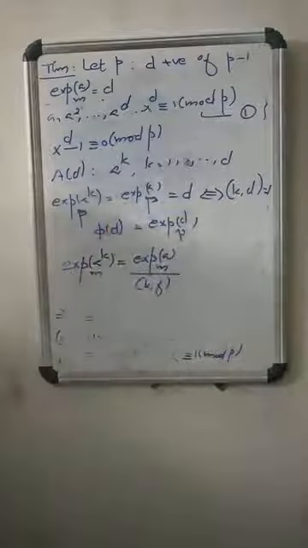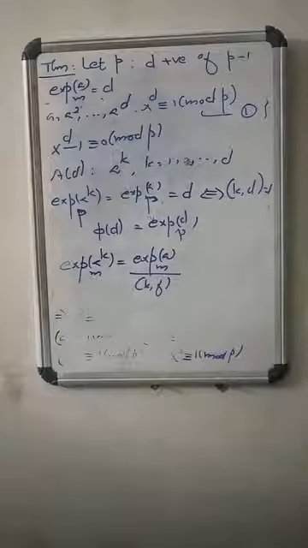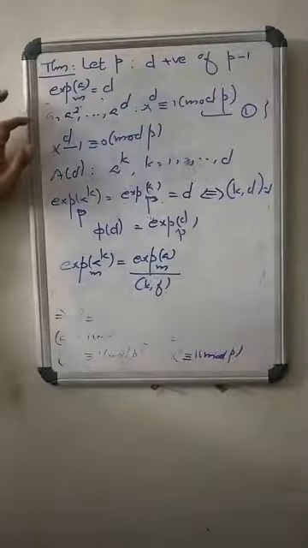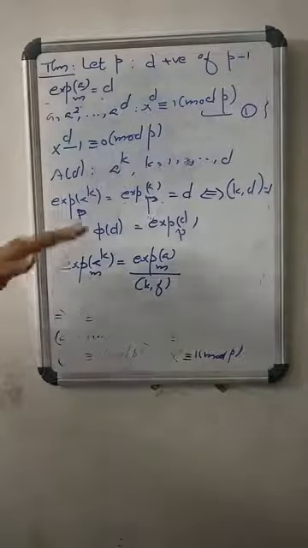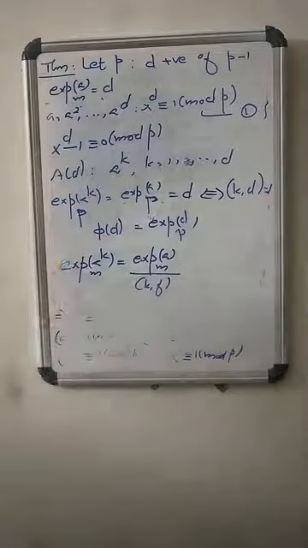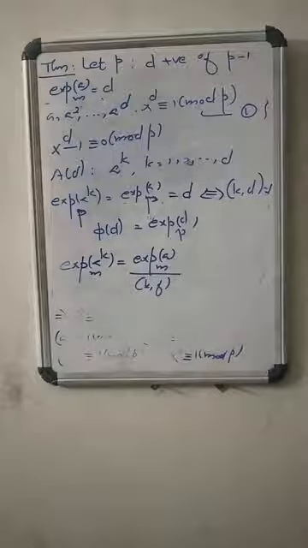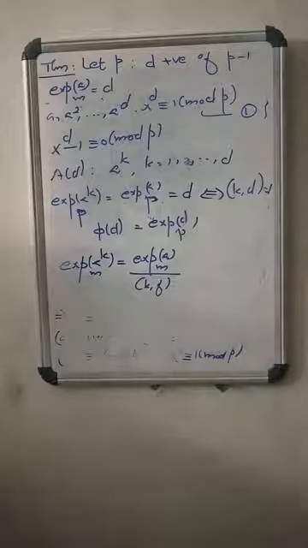Therefore, among the d numbers a, a², …, a^d, there are phi of d numbers which have exponent d mod p. Therefore, when f of d differs from 0, then f of d equals phi of d. Agree? So this is an important theorem.